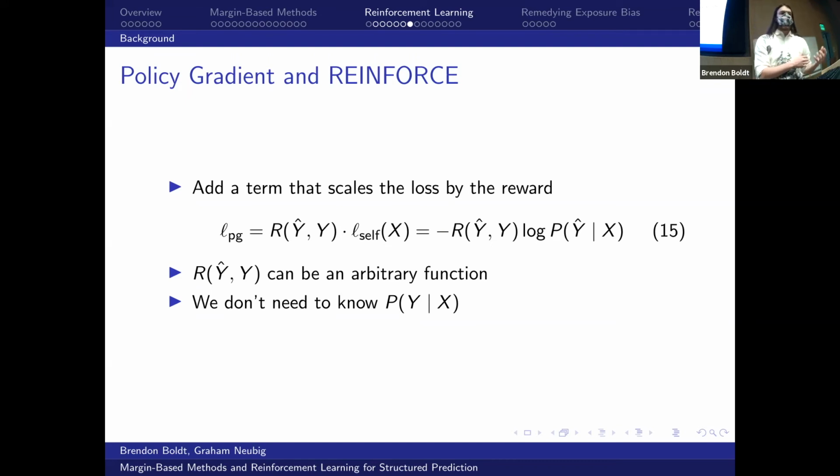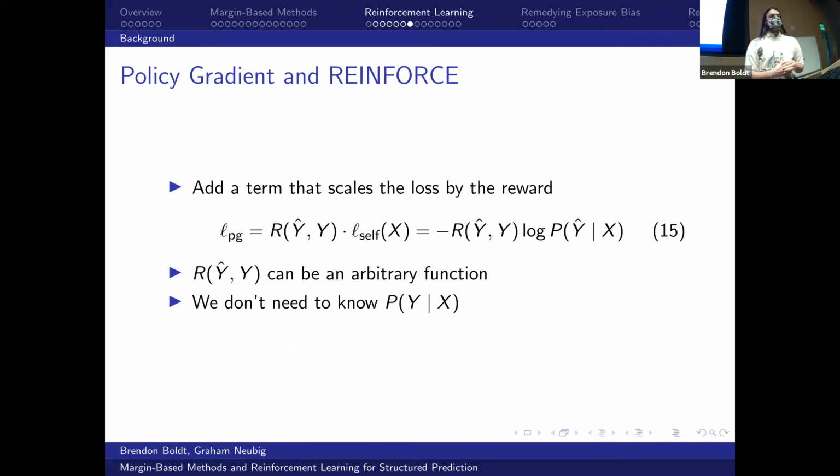So I might refer to this as policy gradient, but there are other forms that policy gradient can take. And there are forms of reinforcement learning, like Q-learning, which are not policy gradient at all. Just to be clear, this isn't all of reinforcement learning. This is just one specific algorithm.